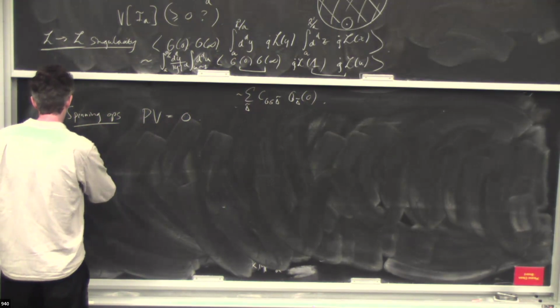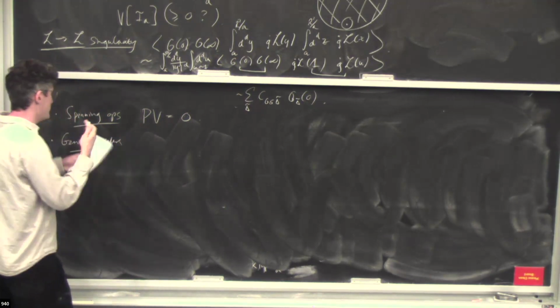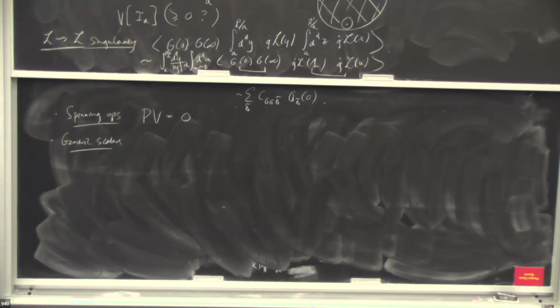Now, for generic scalars, the presence of exactly marginal operators just rules this to 0.